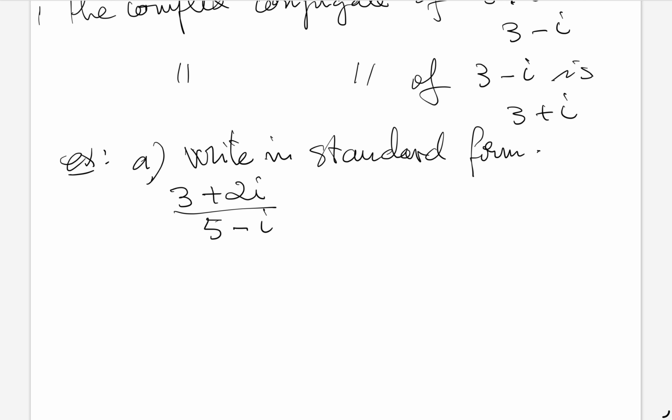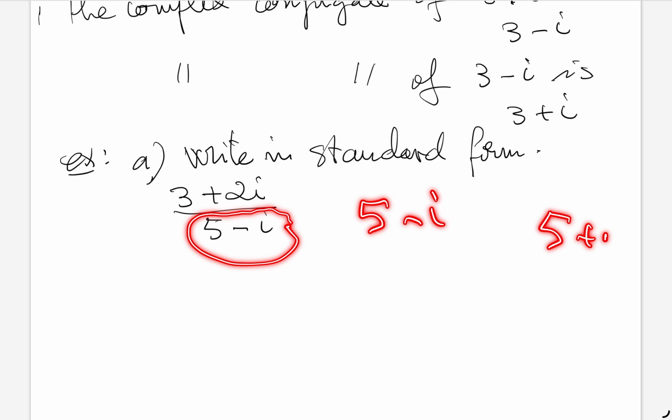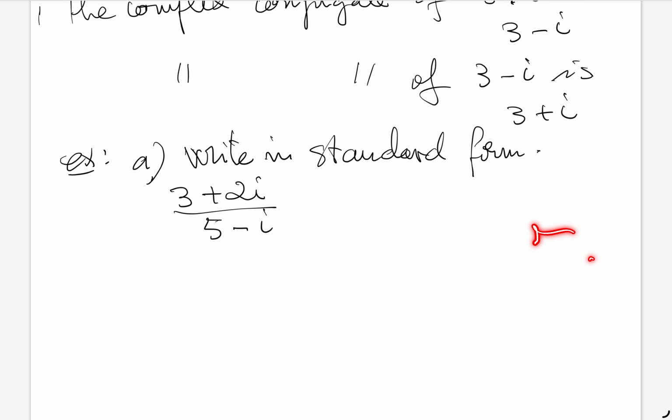So first of all, you have to find the conjugate. Let's find the conjugate of the denominator, the one on the bottom. The conjugate of 5 minus i is just 5 plus i. And you have to multiply 5 plus i on the top and the bottom.